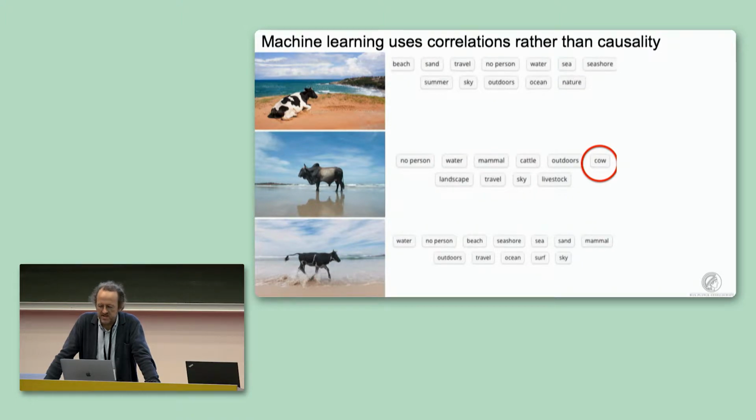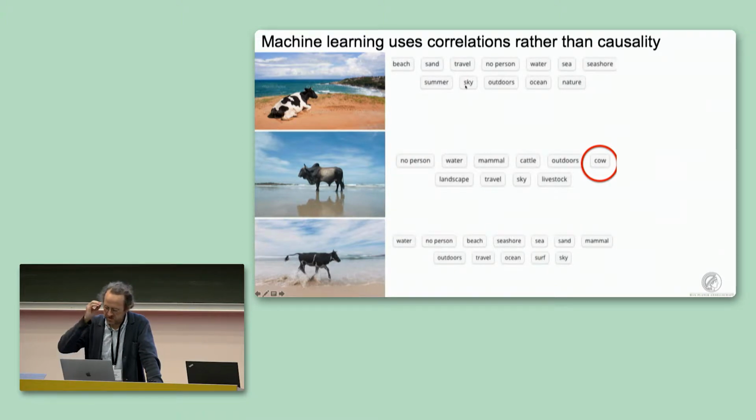In an IID scenario, which is what we're usually obsessed with in machine learning, so independent, identically distributed data, if the cows in the training set are predominantly on green pasture, then it's perfectly reasonable for a machine learning system to use these green meadows as a feature when deciding whether something is a cow. So this kind of robustness with respect to putting objects into different contexts is not built in if we ask a system to perform well in an IID setting. And that's why these cows are not recognized as cows.